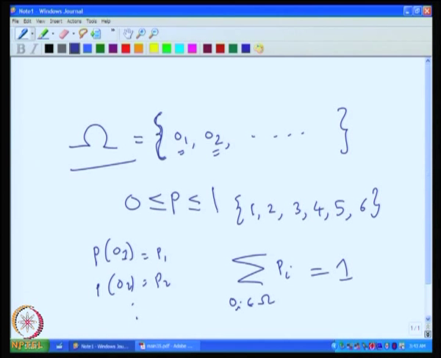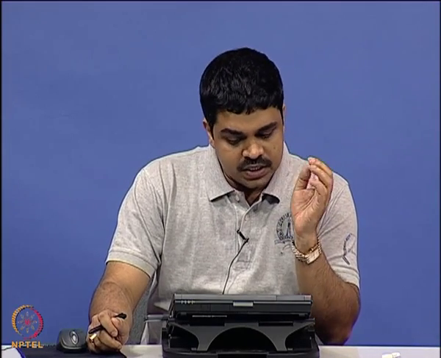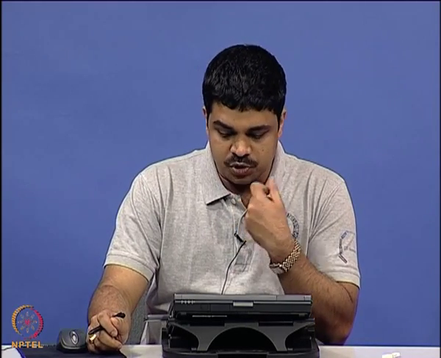These are the things we have to remember. Each outcome is given a certain probability value between 0 and 1, and the sum of the values assigned to them is equal to 1, the total probability is equal to 1.